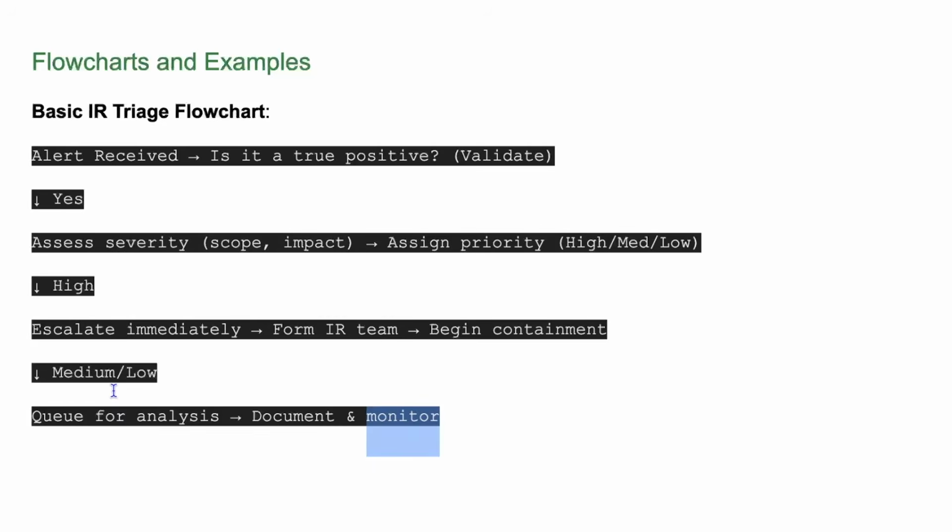A lot of times if you try to take something out of play, like a medium or low severity kind of thing, if you try to take it out of play prematurely, then you alert the hackers and they become skittish, and they become paranoid.